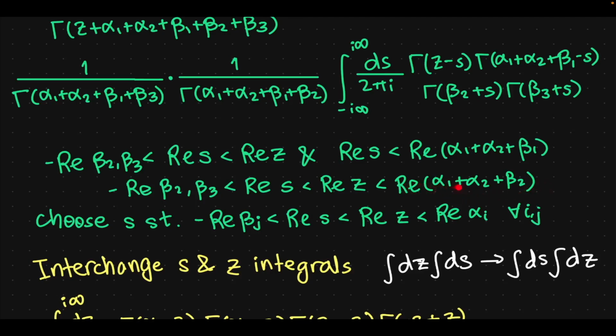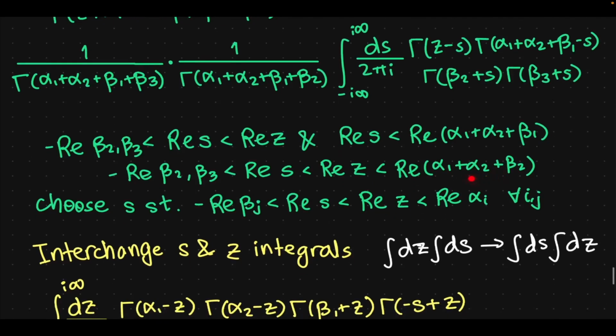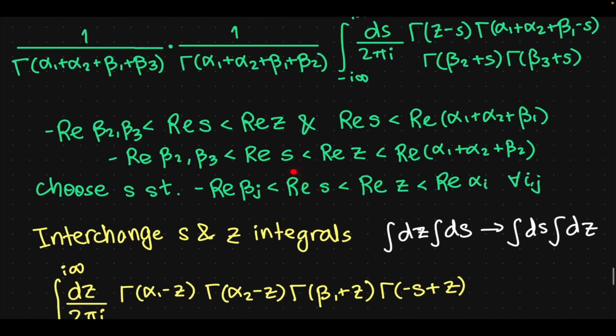So you're basically just adding, after alpha 1, some positive term. So that's why the real part of s being less than real part of z establishes the second condition as well. So what this has done is we have this inequality, minus real part of beta 2, beta 3 less than real part of s less than real part of z, and that z is less than the real part of any alpha.